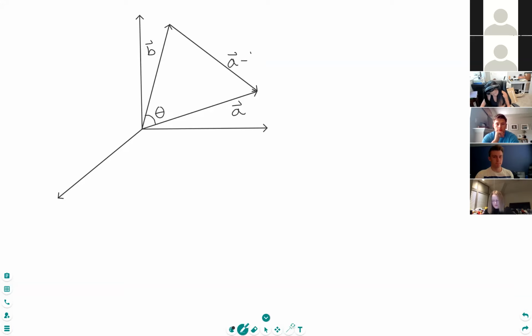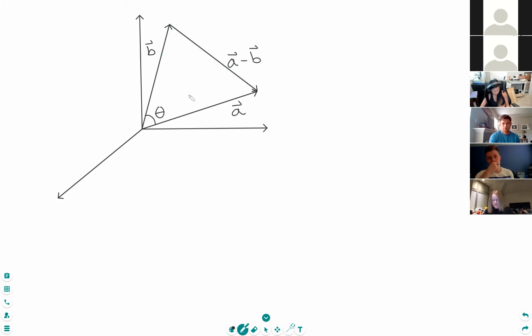This is A minus B. And that's something we didn't really touch on too much last time, but when we're doing subtractions, so kind of think of what happens when we're adding this negative, right? So in graphical representation, it's connecting the terminal points of our vectors.